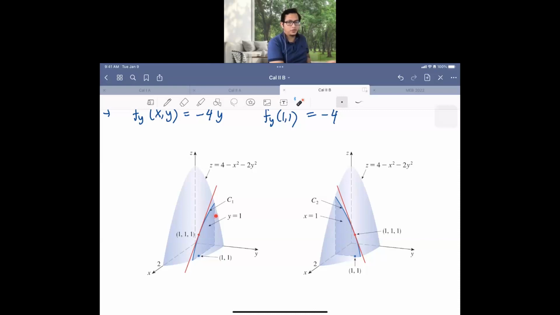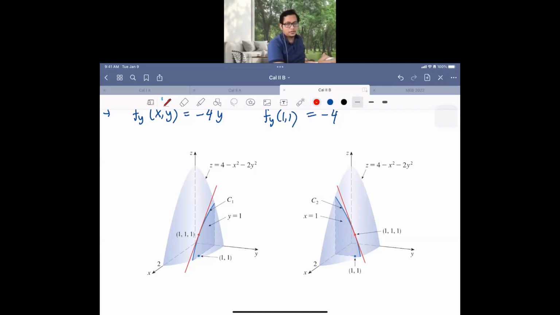We are going to evaluate the partials on that point, and notice that you have two curves as your path, C1 and C2.